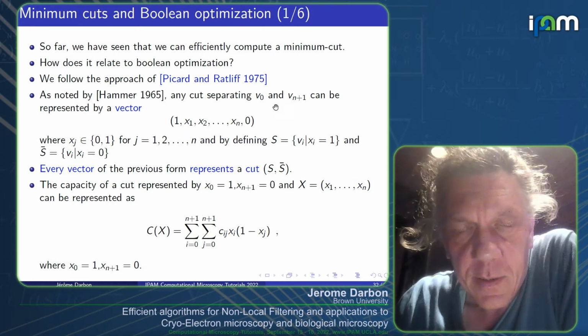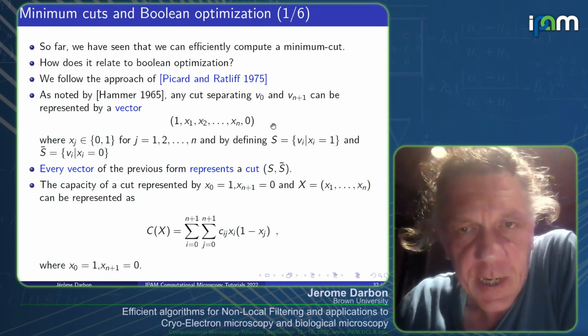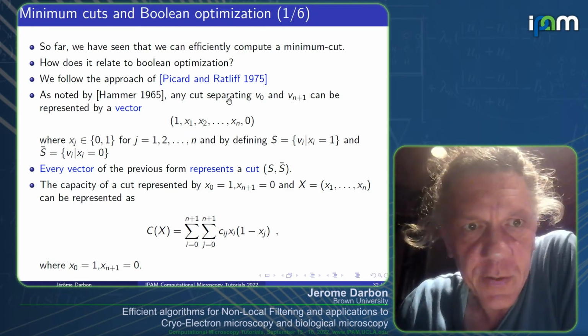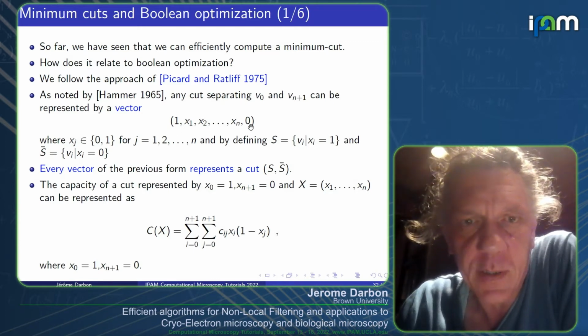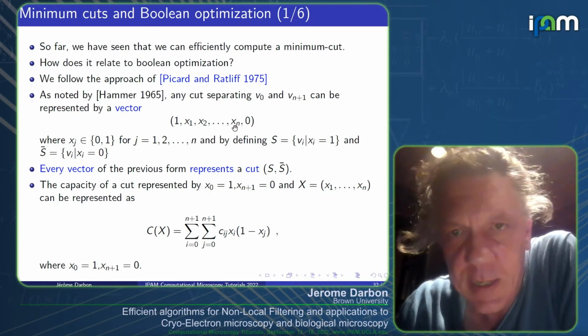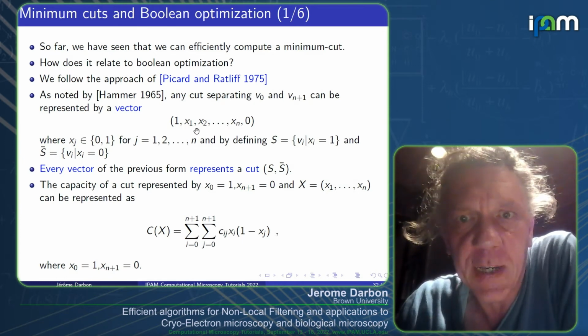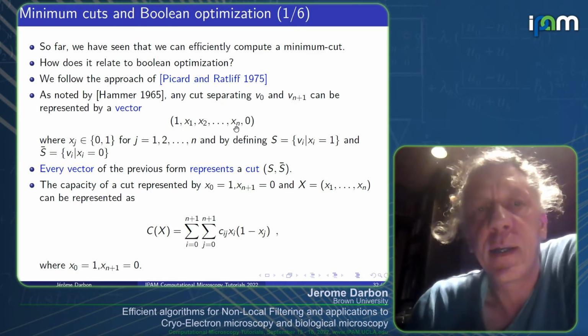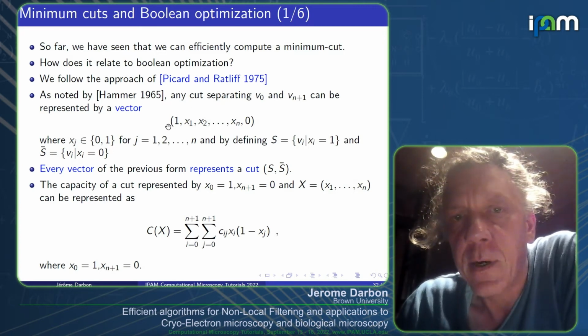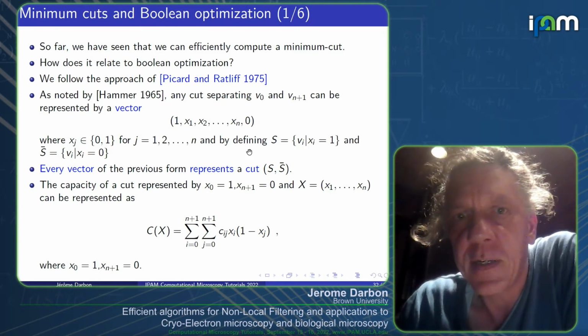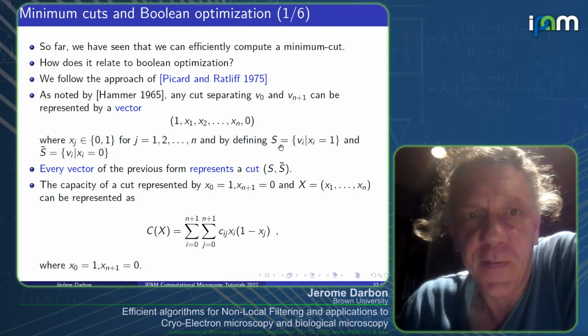In order to connect to optimization, we're just going to introduce binary vectors. I'm going to consider binary vectors where the first entry is 1, the last one is 0, and then I have n other entries denoted by x1 up to xn. And now I'm going to make an identification of these binary vectors and a cut in a graph.